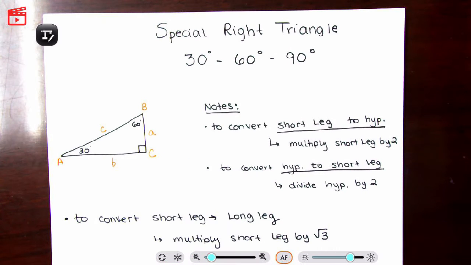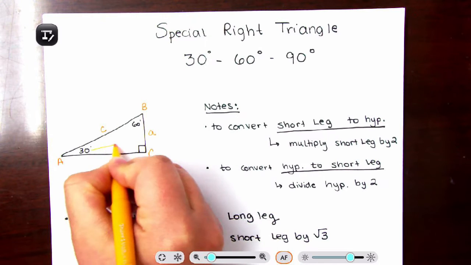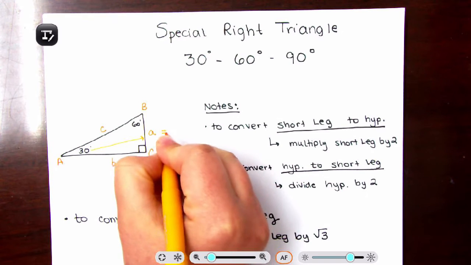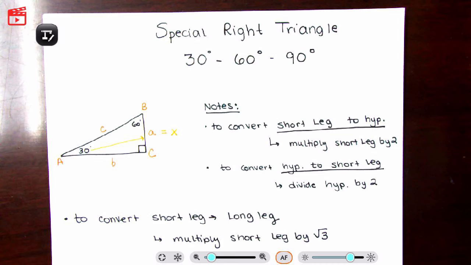The opposite of your smallest angle is your smallest side. The smallest angle that we have is 30, so the opposite of 30 is the smallest side. This is where you're going to have x.